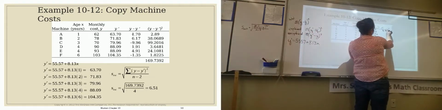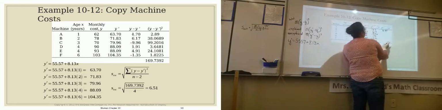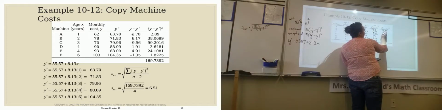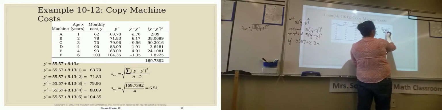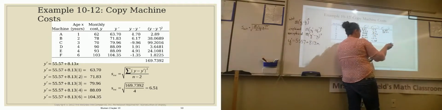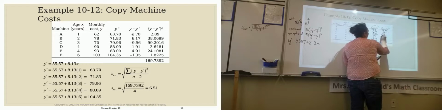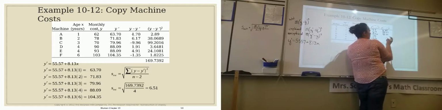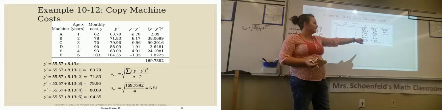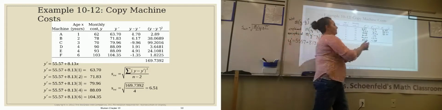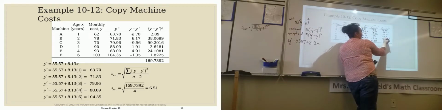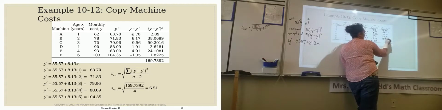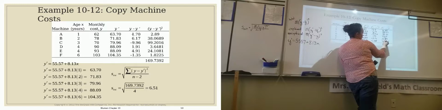So these are at least nice to type into. 2.89. 38.07. 99.20. 1.91. 3.65. 3.22. 10.37. 1.82.